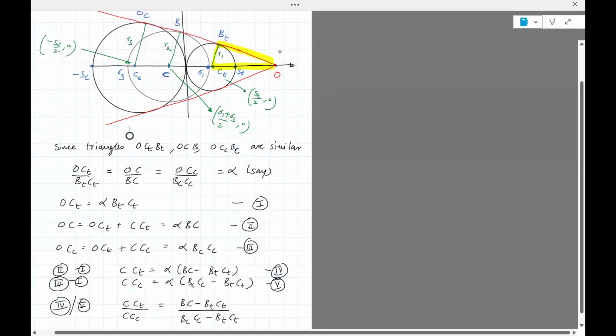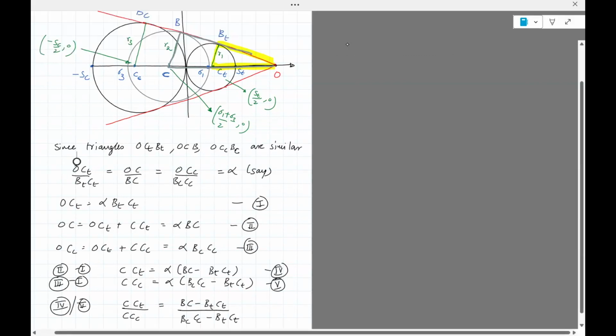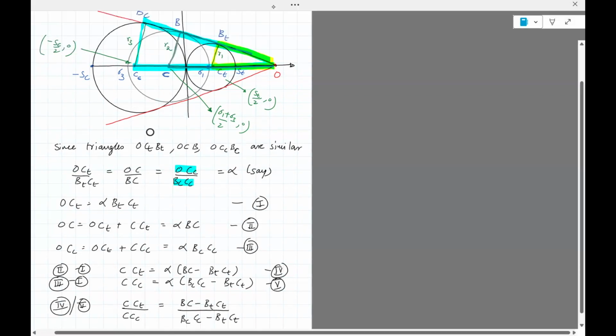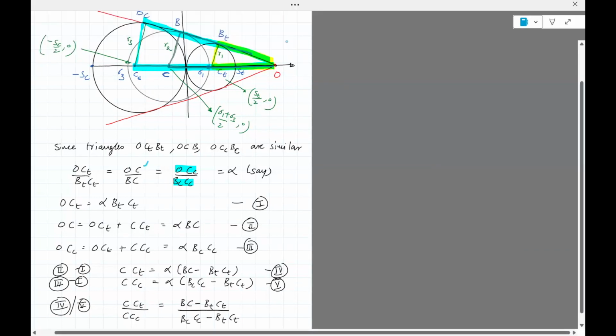Then we consider O C B. And then we consider the biggest one, which is O C_C B_C. Now you can take these triangles and set up the ratios. So the sides of the triangle are in simple proportions. That's what I have written down here, and they should be equal to some constant alpha.